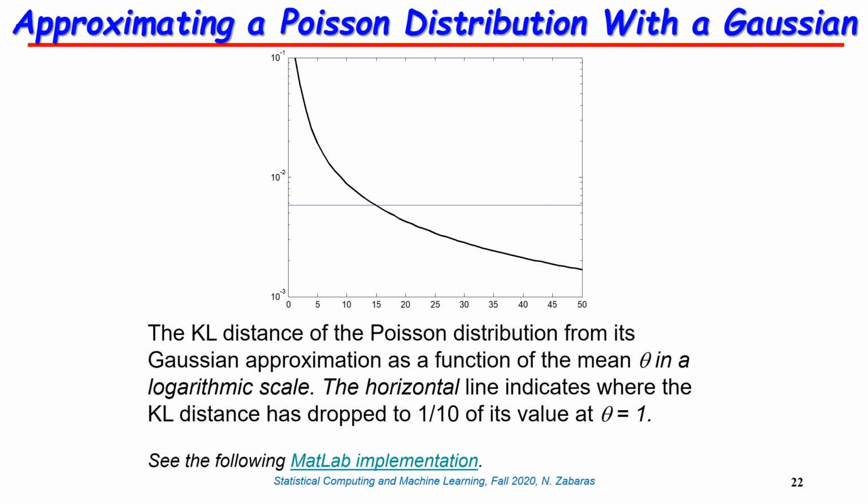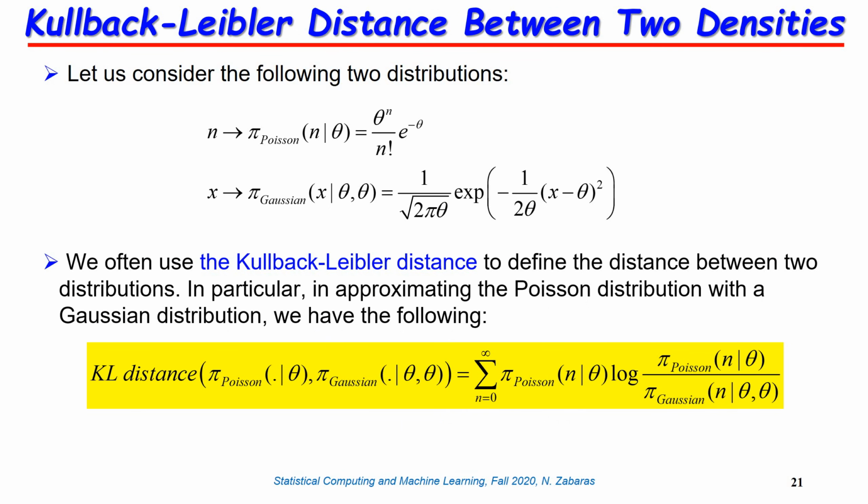I want you to remember this KL distance, because it is going to be a fundamental measure to use, for example, when we use variational methods and try to approximate implicit distributions with, for example, Gaussian distributions.